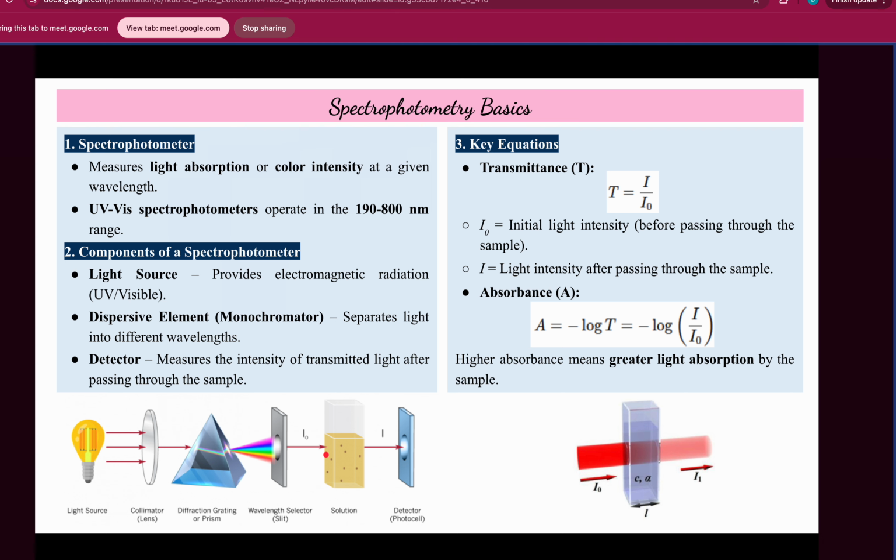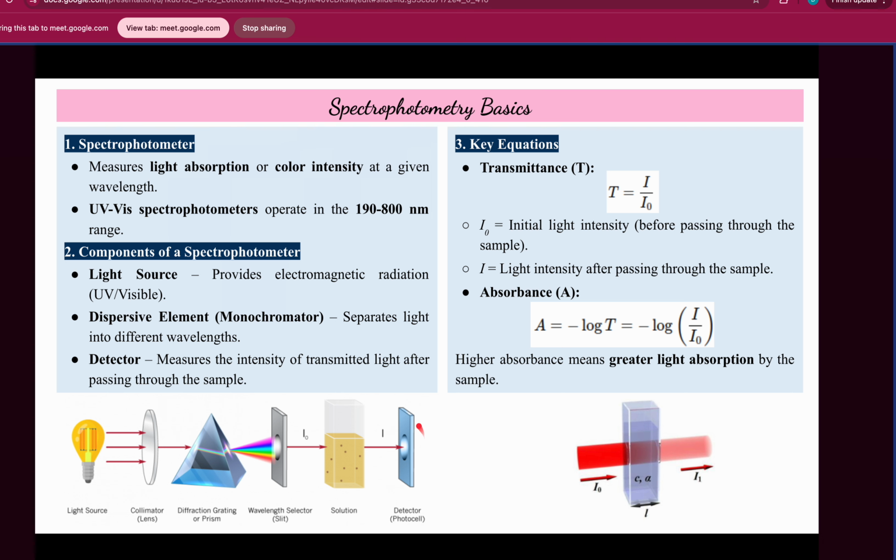Now that particular light will have some intensity I naught, which will pass through our sample. Now, this sample contains certain molecules which have the ability to absorb the light because spectrophotometry is based on the absorption of light. So, in UV spectroscopy, we will be only focusing on those molecules which can absorb the light. Now it will absorb some light, and I represents the intensity of light which is passed after the light passed through the sample.